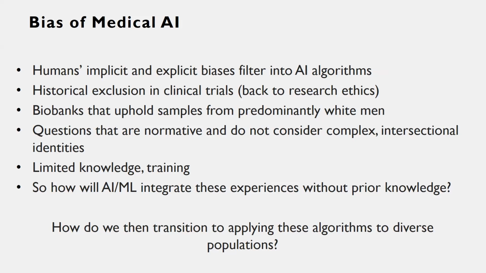And then if you have developers who aren't aware of those implicit biases, are they actually asking those questions? Do they actually notice that there are missing samples of individuals? Questions that are normative and do not consider complex intersectional identities. So you can put all this algorithm together. Sure, you can come up with an earlier, more accurate diagnosis.